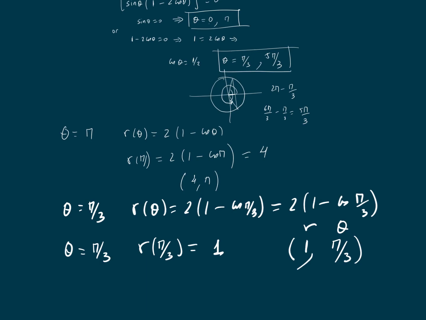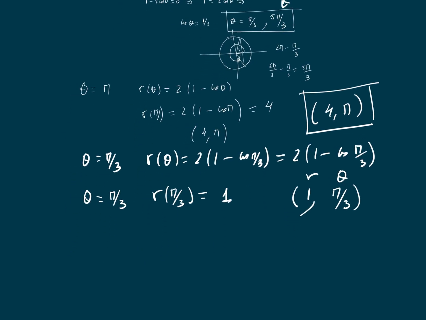The other point that I found that has a vertical tangent is 4 comma pi, and there is another theta. When theta equals 5 pi divided by 3, r of 5 pi divided by 3 will be 2 times 1 minus cosine of 5 pi divided by 3.